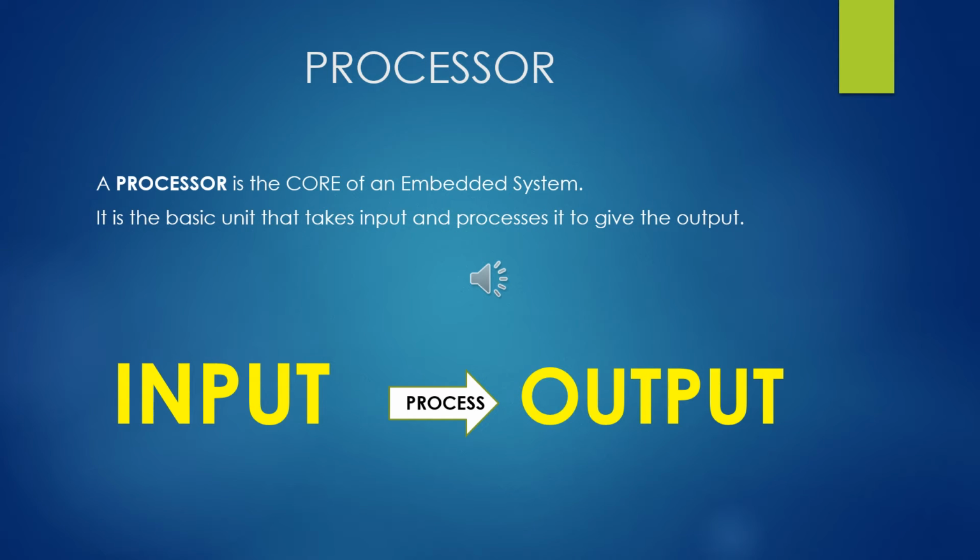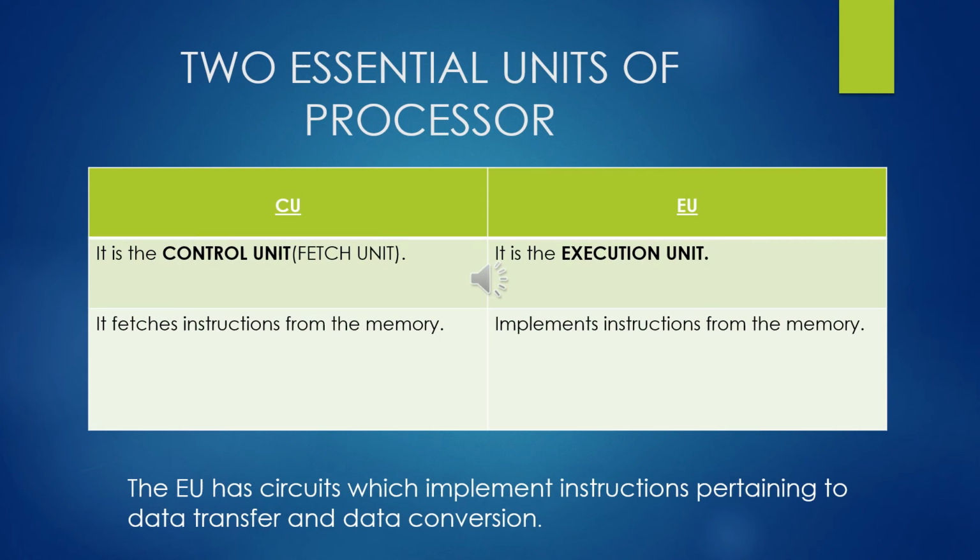Next, we come to the processor, which is the heart, or we say the core of the embedded system. It is the basic unit which takes input and processes it to give an output. There are two essential units of a processor, the CPU and the EU.